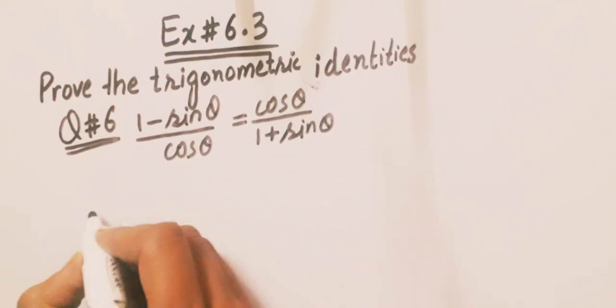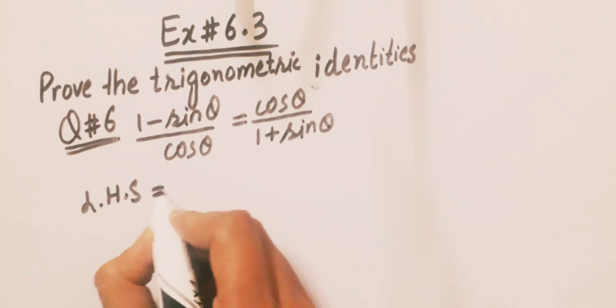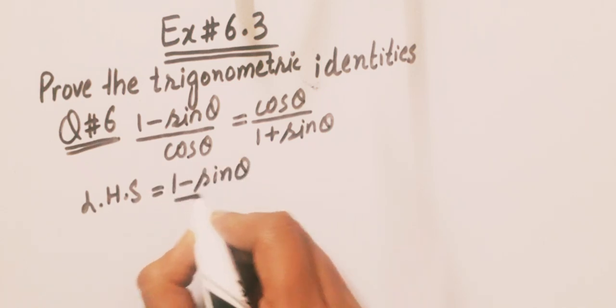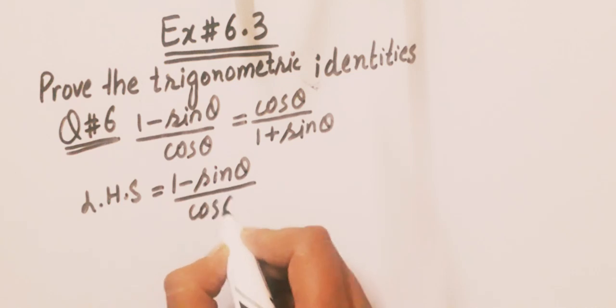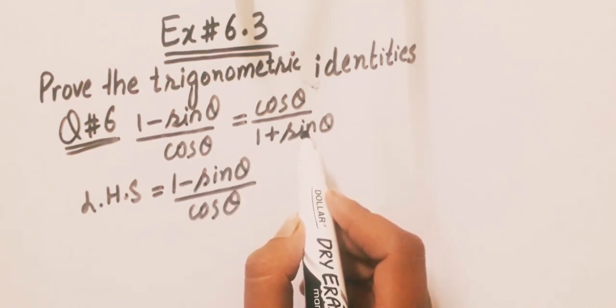Now we will take left hand side, which is equal to 1 minus sine of theta by cos of theta. We have to prove left hand side is equal to right hand side.